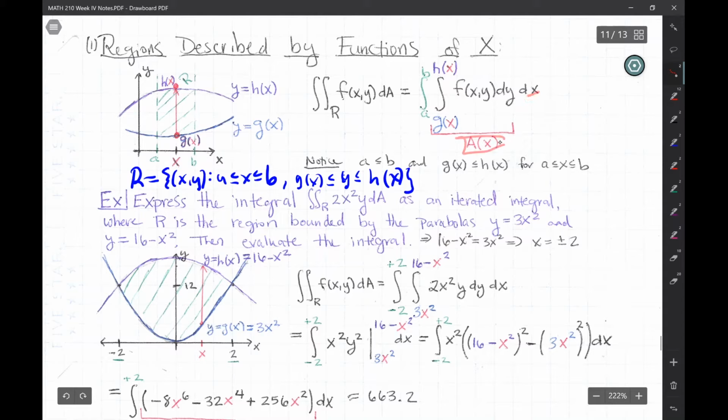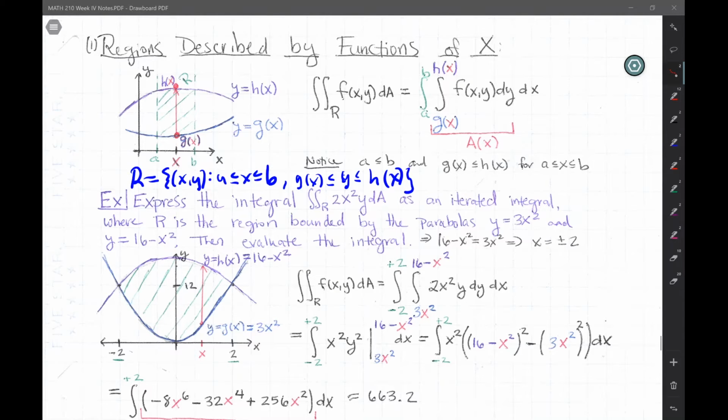So the area of the slice is A of x. Now turn it into a volume by multiplying by dx, so you're giving it a width. And then add up all these volumes of small slices from x equals a to x equals b. Now the graph of the function, you can't see it. It would be along the z-axis, which points out of the page there. Here we're just looking at the region, not the graph of the function. We'd need a z-axis for that.